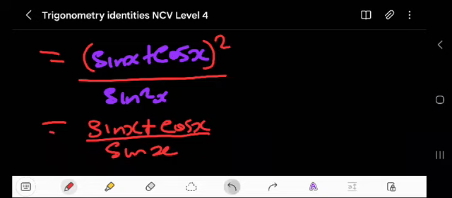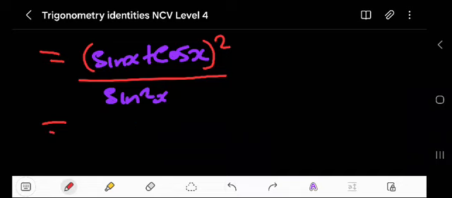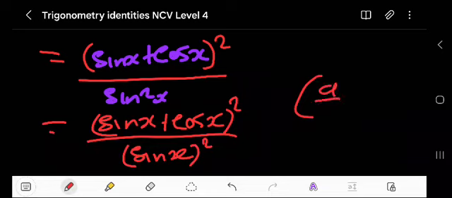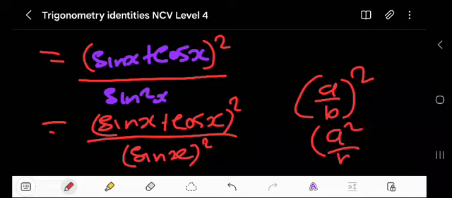Okay, let me take it step by step so that you'll understand. Let me just write this as cos x, then we have that squared, isn't it? This is the same as squared. So using this algebra rule, this will be the same as a squared over b squared. What is inside must come there definitely.